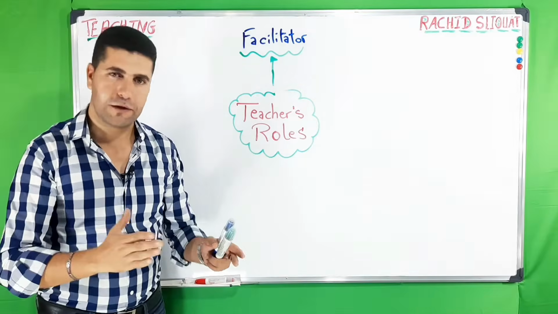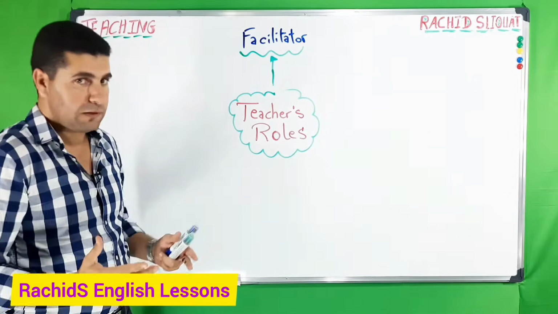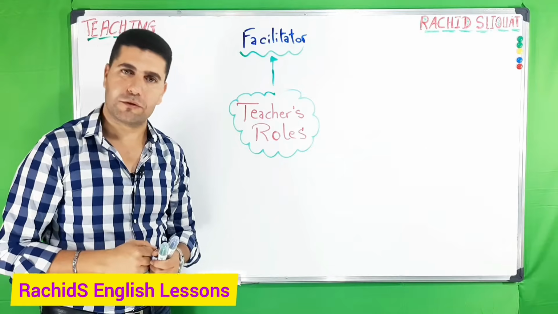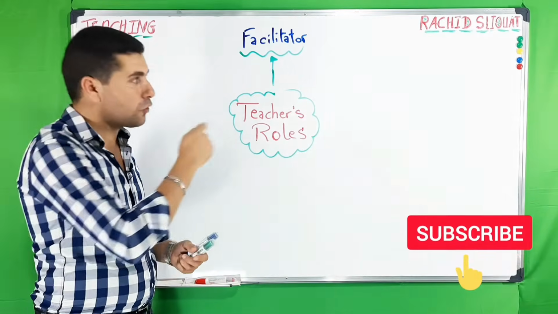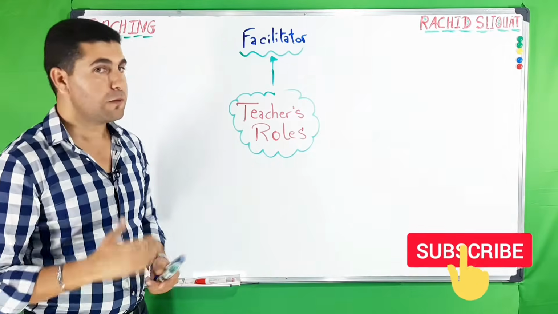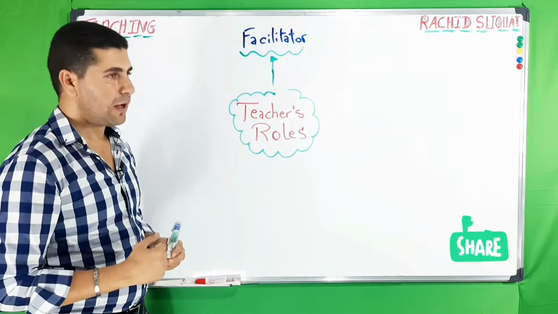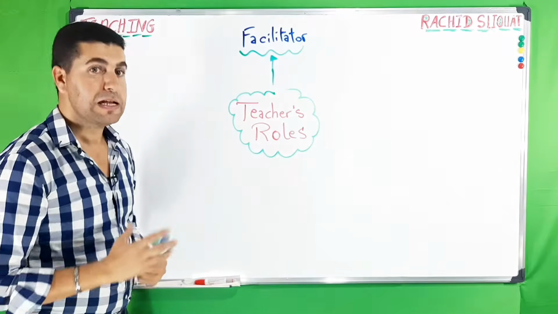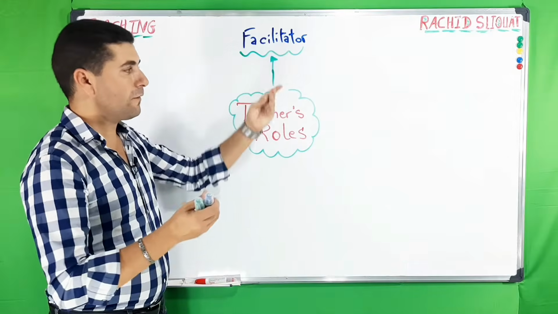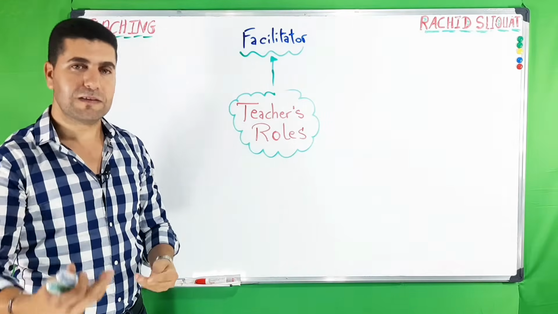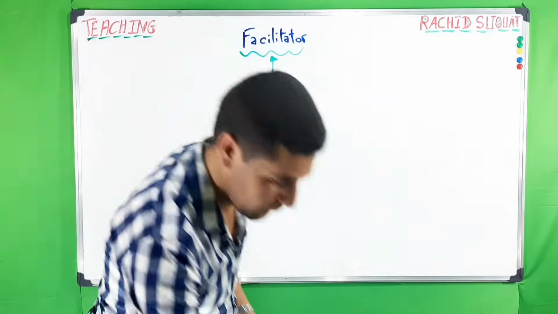So we have some ways that you can make the subject or the lesson easy, for example, by using realia, for instance, or maybe using gestures in classroom, drawings in classroom, etc. So we have different ways to make the learning easy and the subject or the lesson you are teaching easy. So one of the teacher's roles is to facilitate, okay? To facilitate learning or the subject. So it is number 1, facilitator.